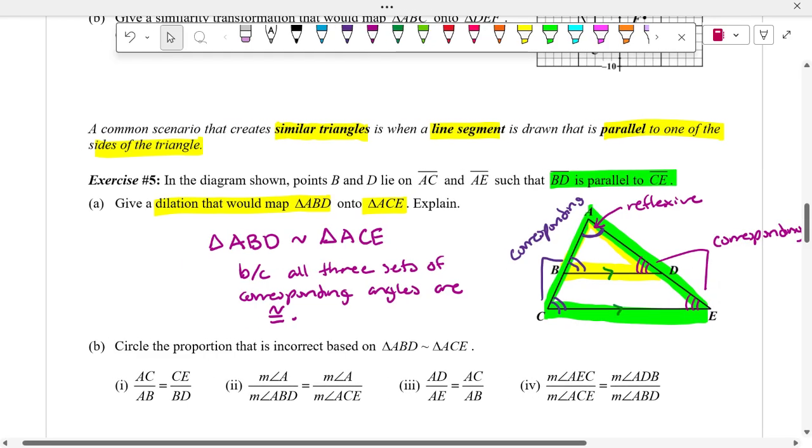Now, could we make up a dilation to make this work? Yes.